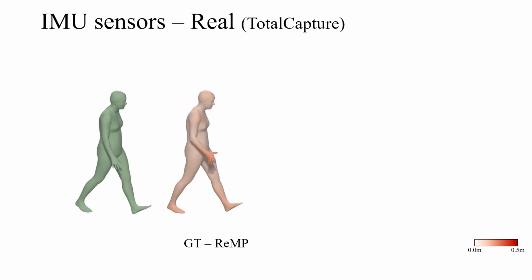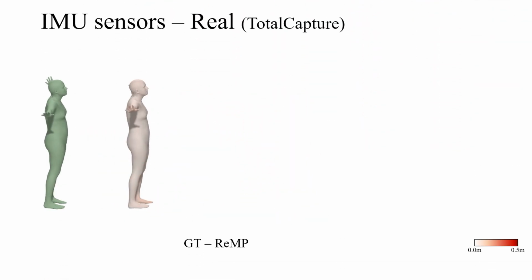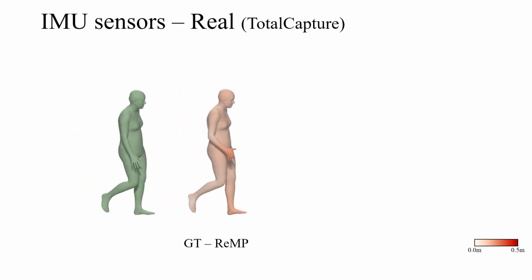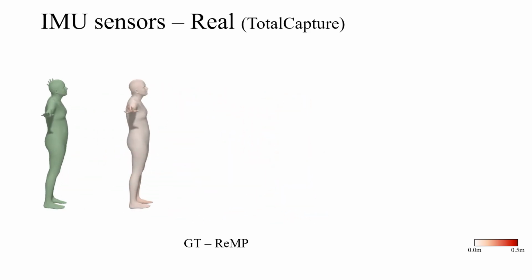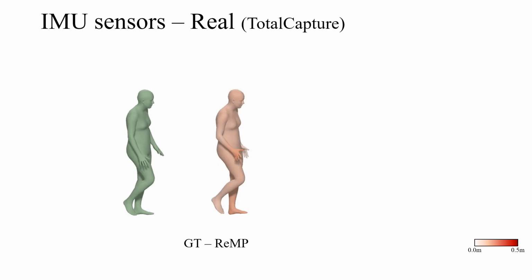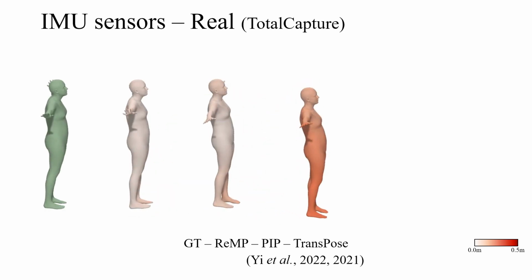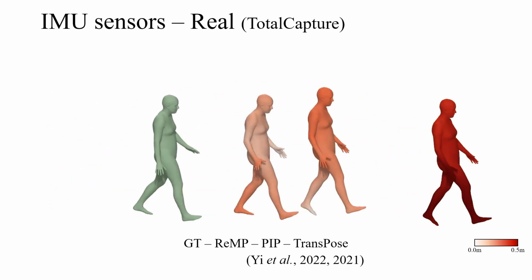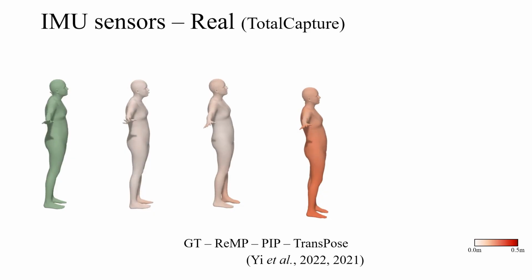Now is the result from the IMU sensor data. We only visualize the ground truth mesh without showing the IMU sensor data. ReMP shows the best performance on estimating the root translation.